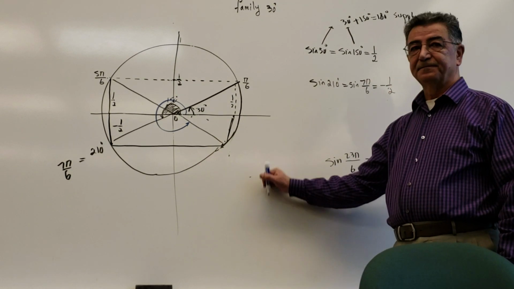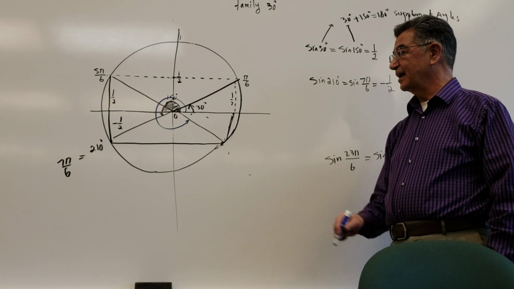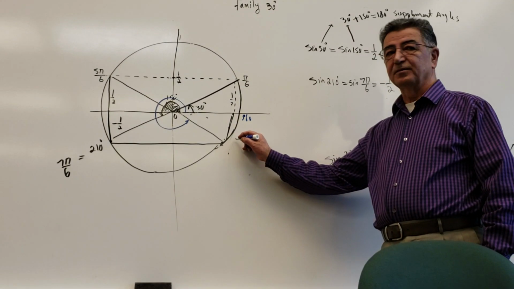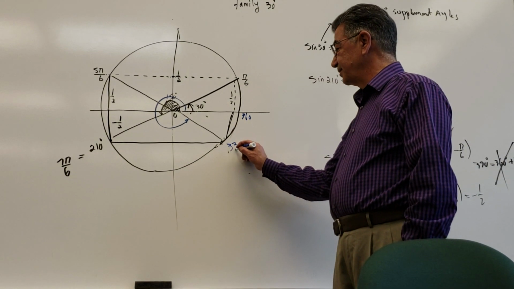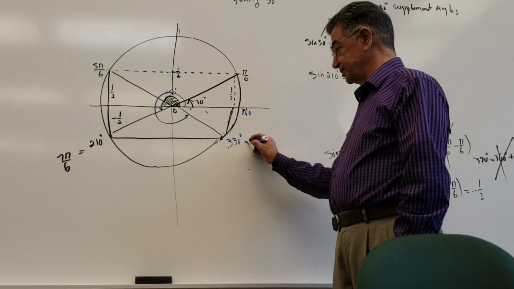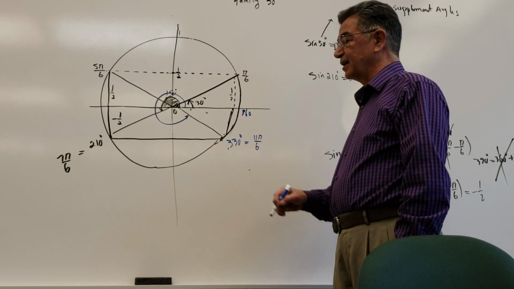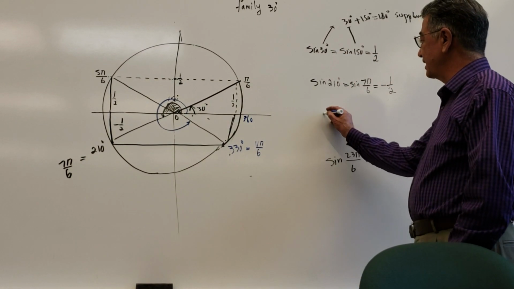Why 330? Because you're subtracting 30 from 360. Yeah, this was 360, isn't it? But I'm how much short? 30, so it becomes what? 330, which is really what? 11 pi over 6. So we say sine of what?